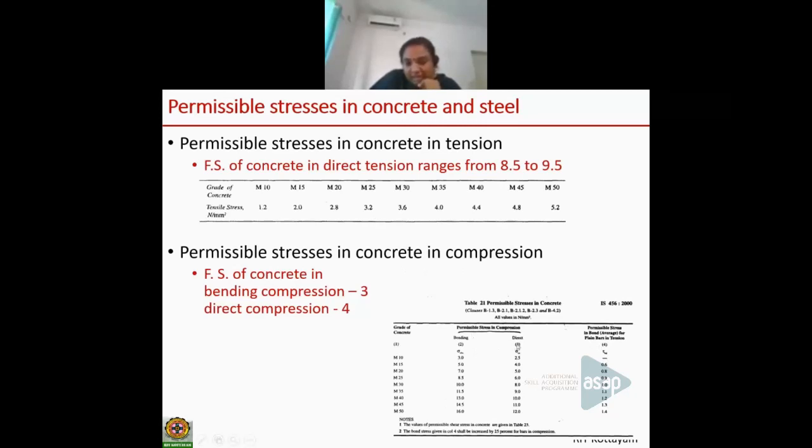One is due to direct compression, like what you will get in a column, whereas the first one is the permissible stress in compression in bending, which generally happens in a flexural member. Depending upon the grade, the values are specified. The permissible stress in compression in bending is designated as sigma C BC. The other one, in direct compression, is designated as sigma CC.